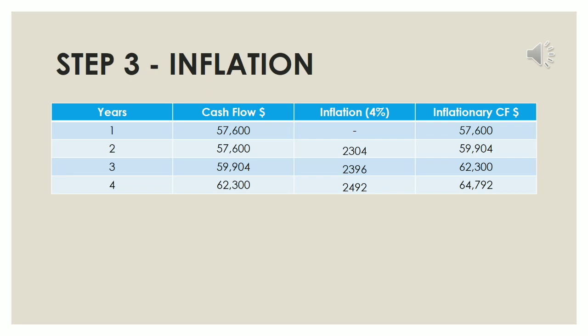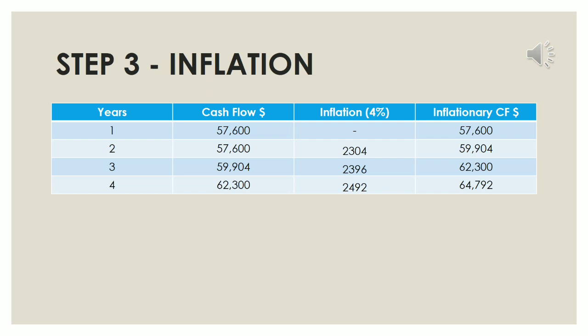Here, according to the question, for year 1, there won't be any inflation. So year 1 cash flow will be 57,600 and there will be no inflation. So the inflationary cash flow at the year end will be 57,600, the same amount. By going through this chart, we can understand how inflation has been applied to each year's cash flow.